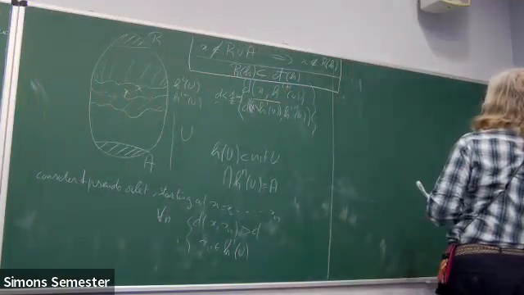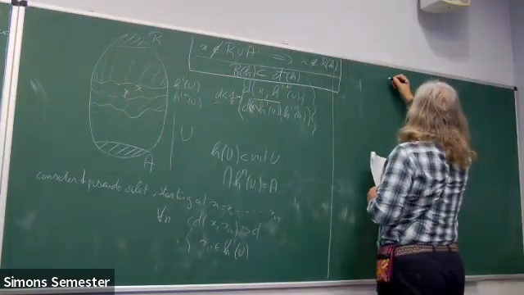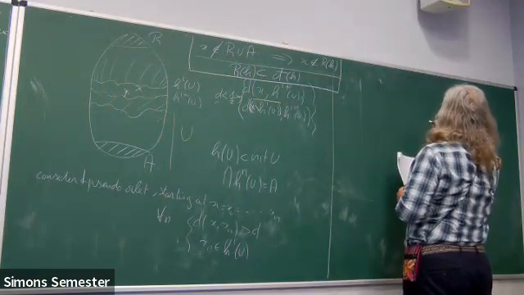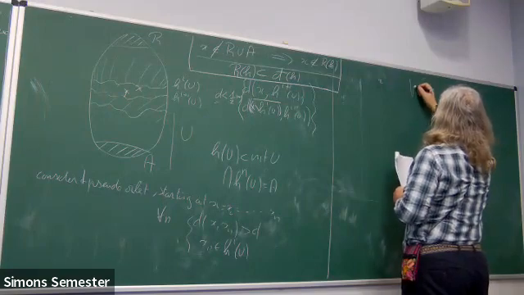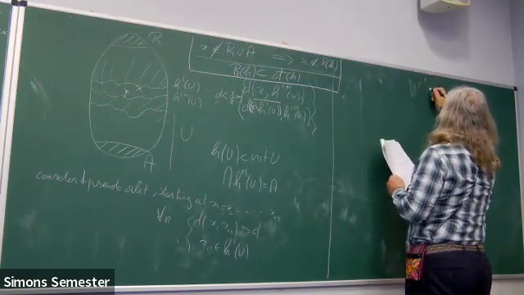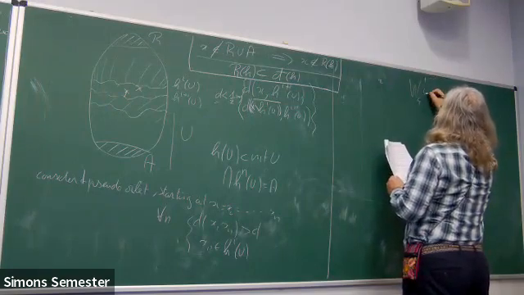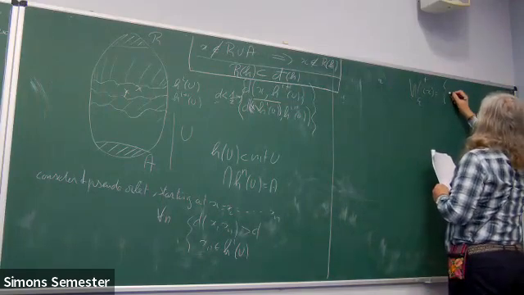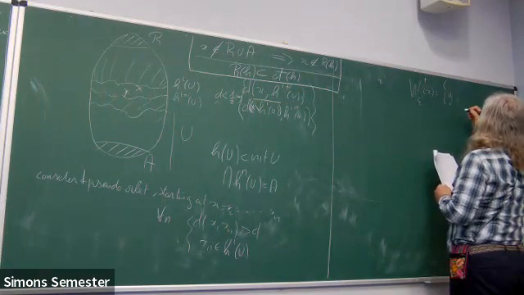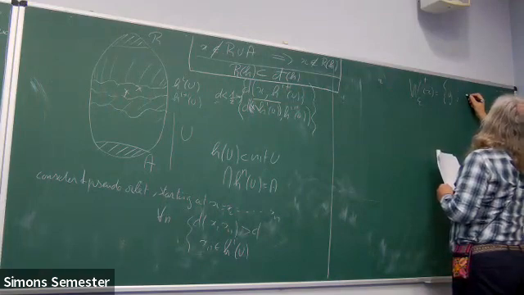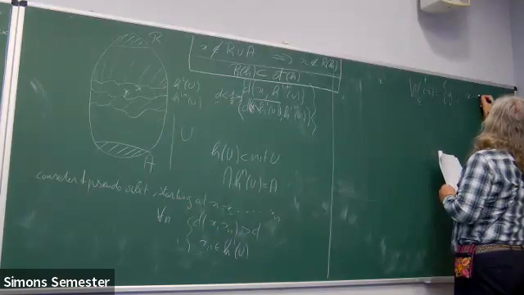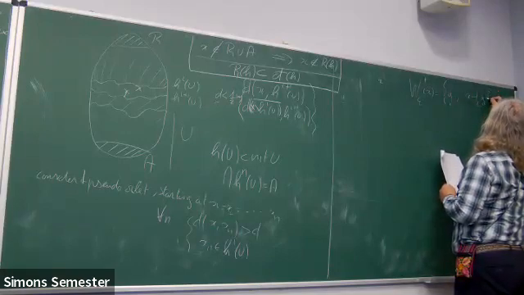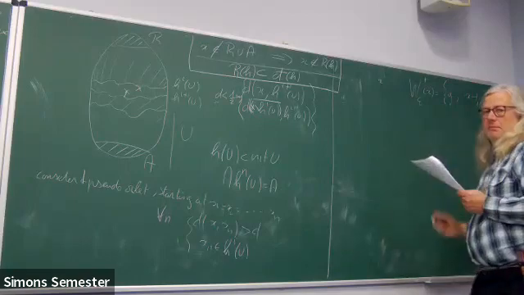Let's define, for any X, the set of points, let's say W^+_epsilon(X), as the set of points Y such that you can go from X to Y by an epsilon chain.